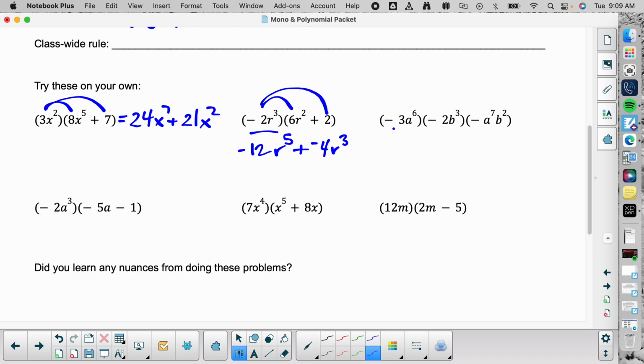So you're gonna do -3 times -2 times -1, -6, and then all of the A's you're gonna put together. So A6, A7, A13, and then all of the B's together, B3, B2, B5. When there's no addition or subtraction, it's a very different problem.